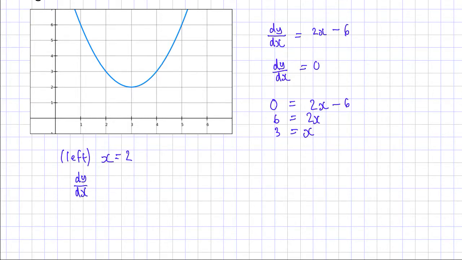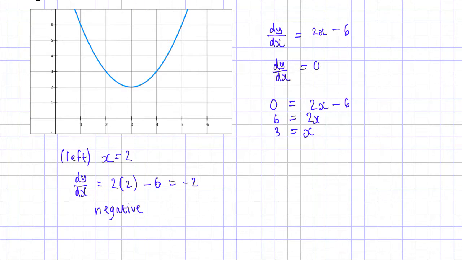So I know my gradient function is here, 2x minus 6. So I can just substitute 2 into here and see what I get. So I have 2 times 2 minus 6. So this is going to be 4 take away 6, so 2 times 2 is 4, take away 6 is equal to minus 2. So I have negative gradient on the left.